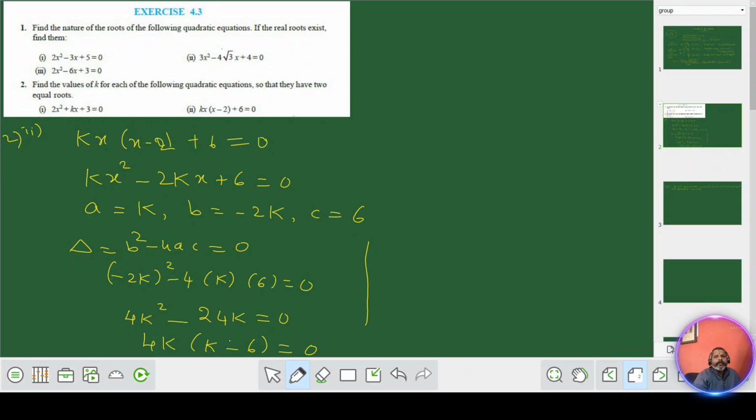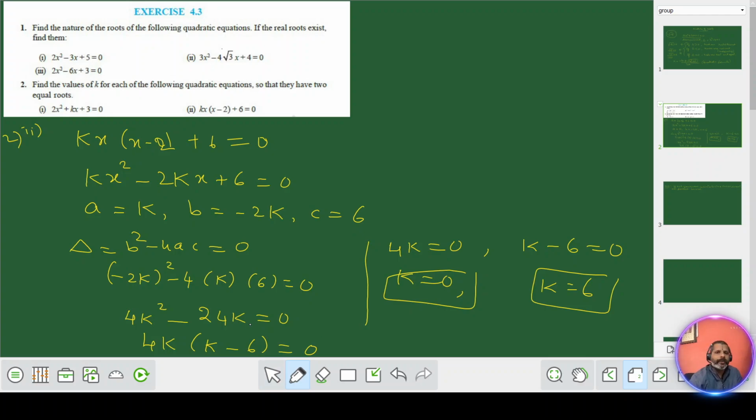Now these are already in factor form. Equate each of them to 0. 4k = 0 gives k = 0 as one value, and k − 6 = 0 gives k = 6. They asked us to find the k value, so these are the values. Clear? This is how we find the nature of the roots for a given quadratic equation, and based on that, we find their zeros. Thank you.